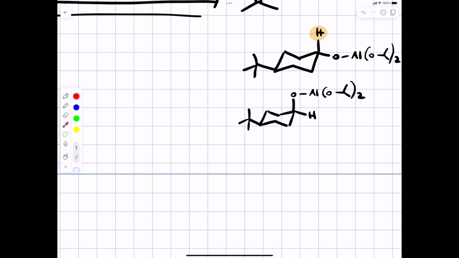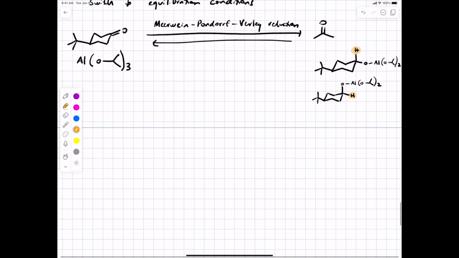If you've not seen this reaction before, it's really not actually that bad. I'll draw just a bit of the arrow pushing mechanism for you so you have an idea of what's going on. Likely the oxygen of the ketone engages in a Lewis acid, Lewis base complex with aluminum.